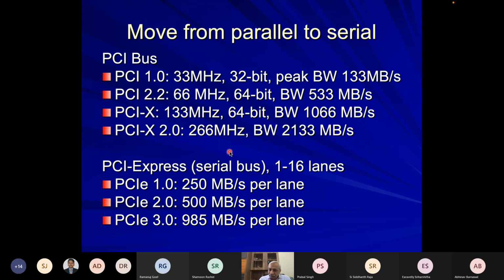Here each lane is carrying an independent serial channel, and they could be independently communicating with different devices. Within PCIe there are evolving standards, with increasing data transfer rates, and these rates shown here are per lane. So if you have multiple lanes, multiply by that factor.